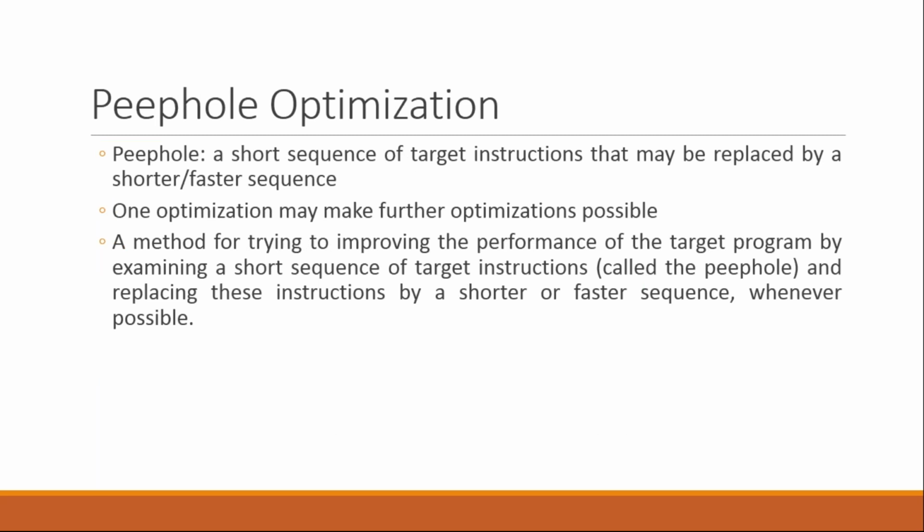Peephole optimization is a short sequence of a program which will run at compile time, and it can decrease the time, right? In place of 10,000 times, it can be decreased to 5,000, something like this, right?